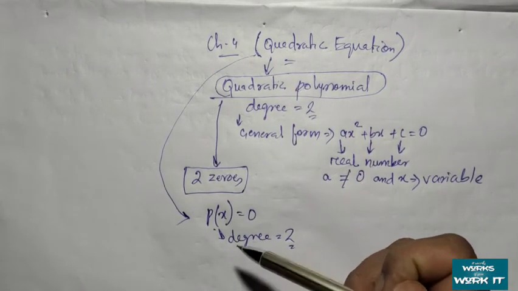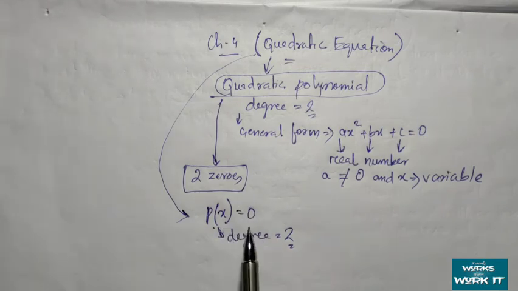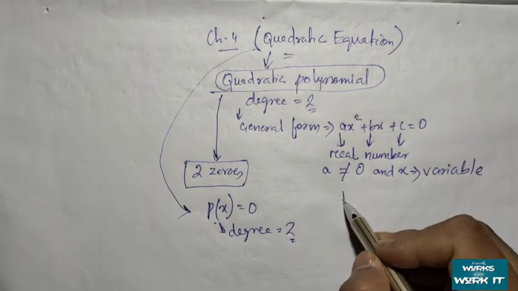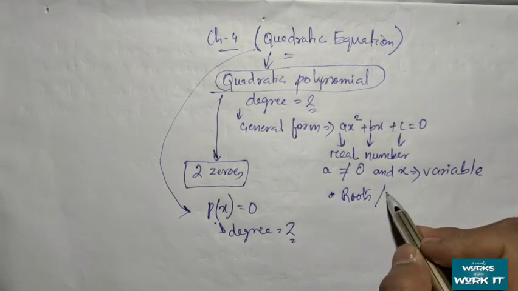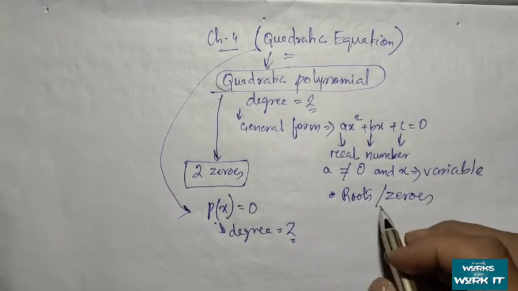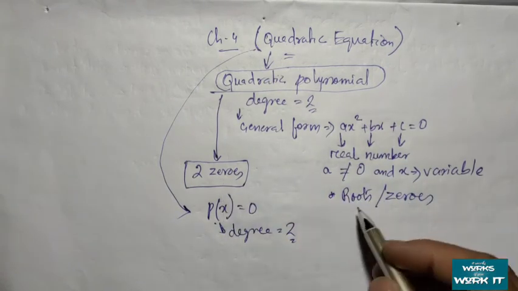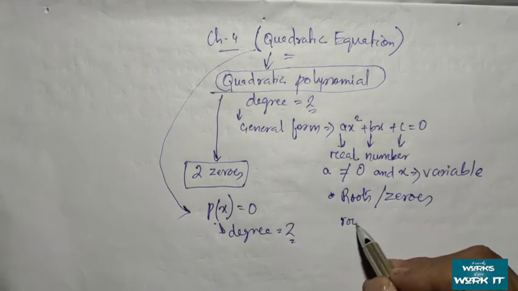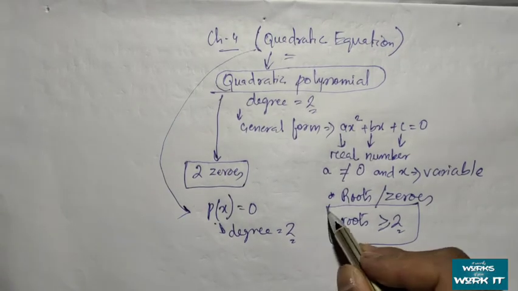In this chapter we will talk about the roots. Roots and zeros are the same. That means a quadratic equation will have at most how many roots? At most 2.